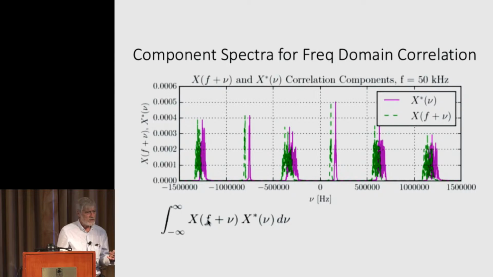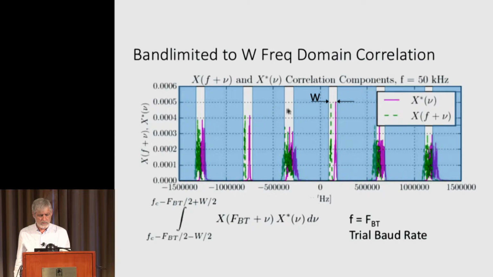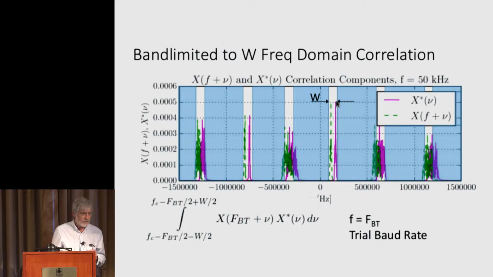We vary that f. If f is 0, then we're just looking at the power in the signal. If we make f equal to the baud rate of one particular signal, then when we do the computation over one of those white spaces, we actually get a peak that comes from the baud rate.